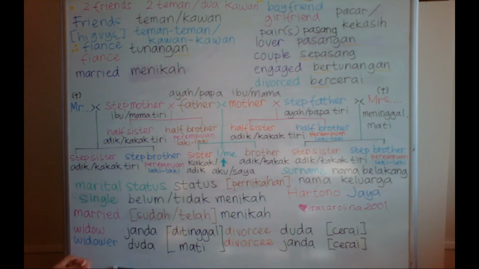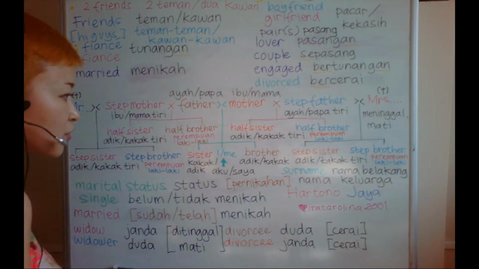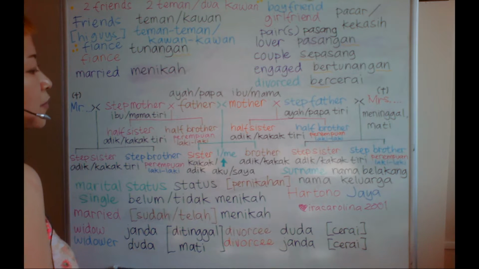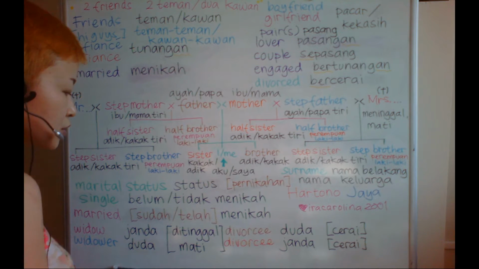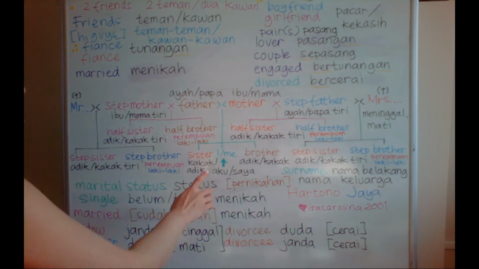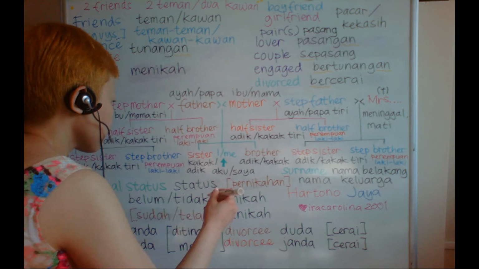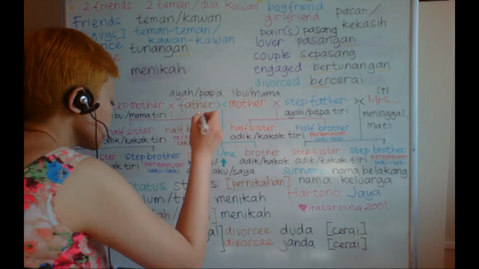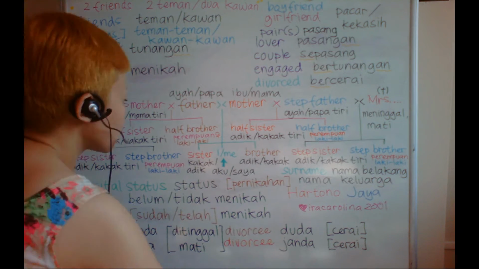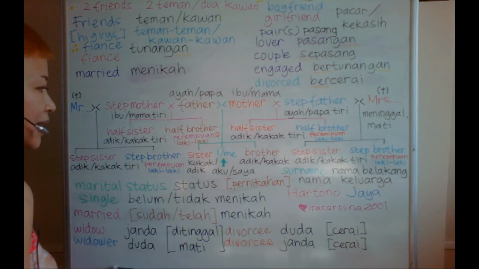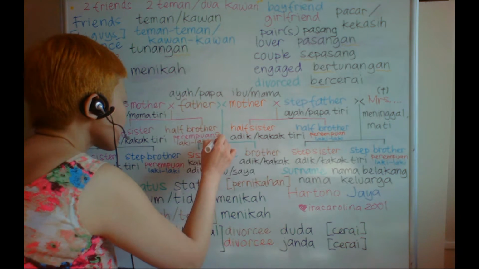And we don't have specific word for the gender, again, female or male. But if you want to put, you can put perempuan for female. I will just write symbol there. Or laki, stripe laki, laki-laki for male.